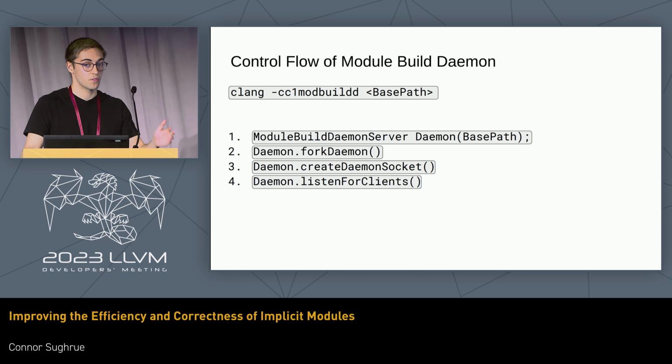So it just helps resolve a lot of the compatibility issues. Once that daemon is spawned, or once that command line is executed, there are 4 main steps that get carried out. First, an instance of the module build daemon server is initialized, and then it forks the process, creates and binds the daemon socket, and then starts listening for clients.